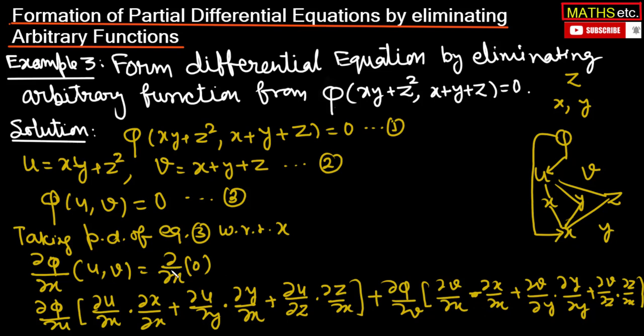And the partial derivative on right hand side, partial derivative of constant function 0, equals 0. So this entire expression equals 0.